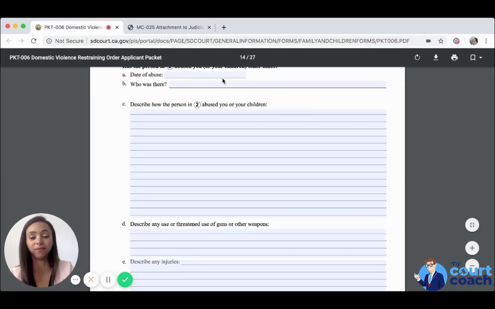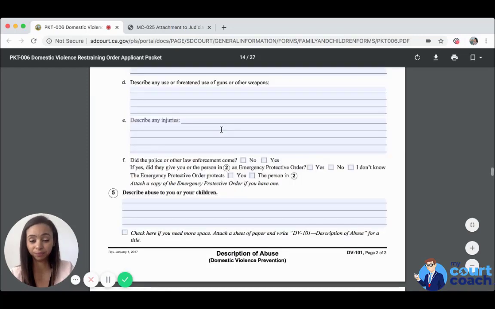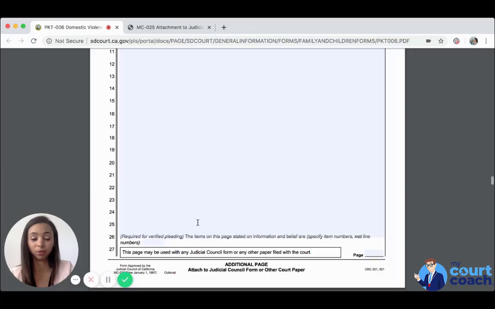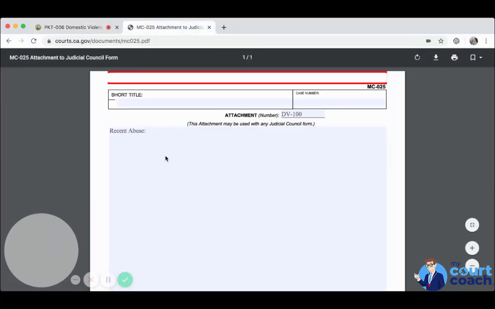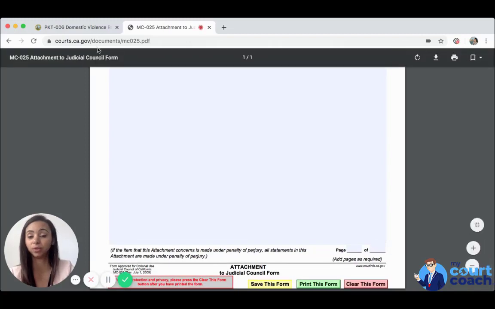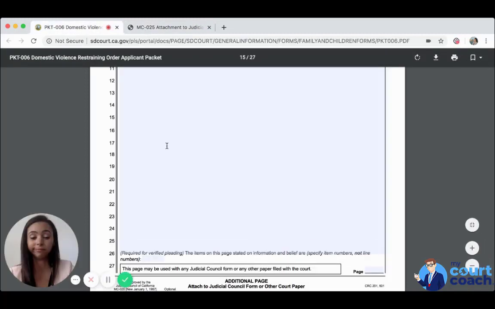So you can save that for additional information that you can attach. So you can include it here, or you can include it here. It doesn't matter which form to use. One's not better than the other.